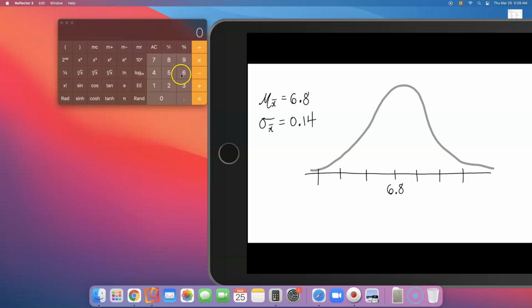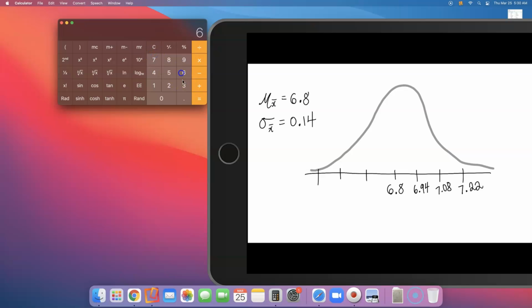So I have to do 6.8 plus 0.14. So first number is 6.94. Next number is I add another 0.14, and that is 7.08, plus another 0.14, that is 7.22. So just like that, I would do it this way, actually figuring it out.